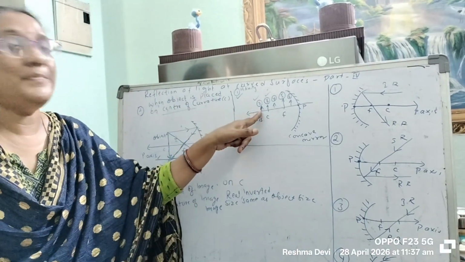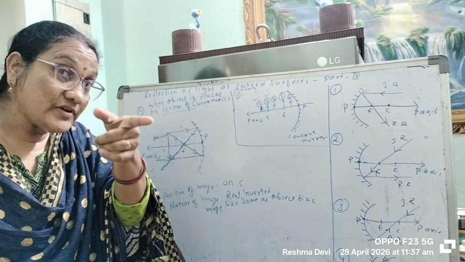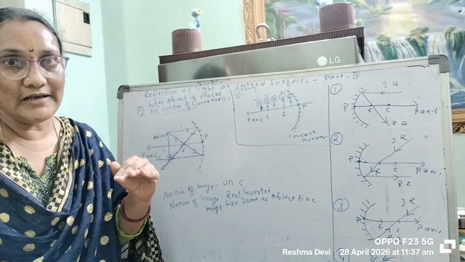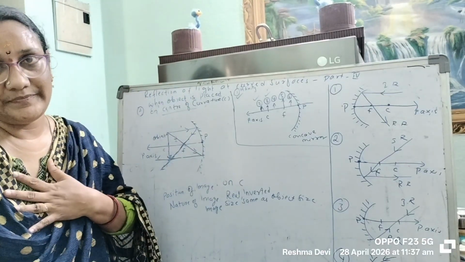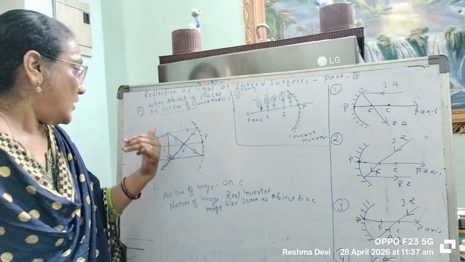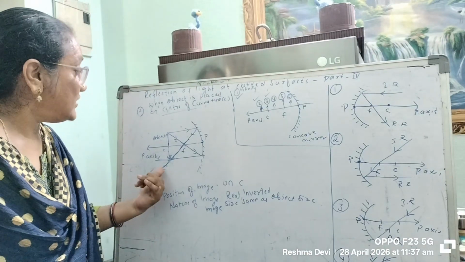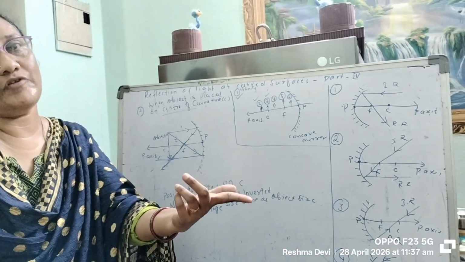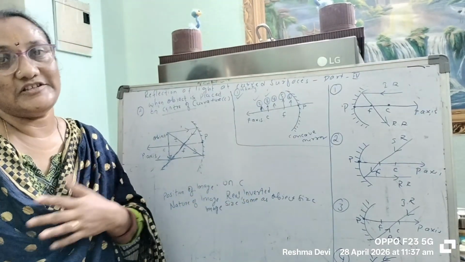Second one, beyond C, means back of C, center of curvature: image in front of C, that is between C and F we will get, and here the size of image is smaller than the size of object. Next one, third one, we get object on center of curvature. So image also forms on center of curvature but inverted with the same size as that of object. So real, inverted, image size is same as size of object.